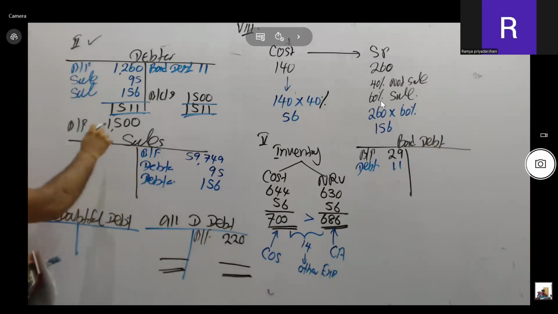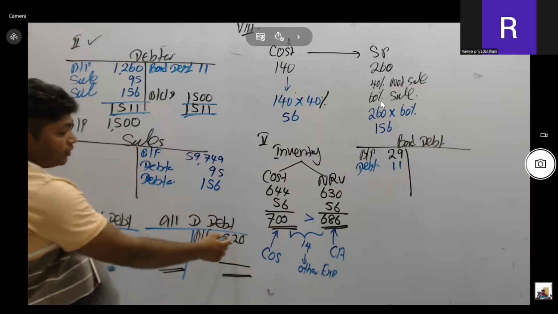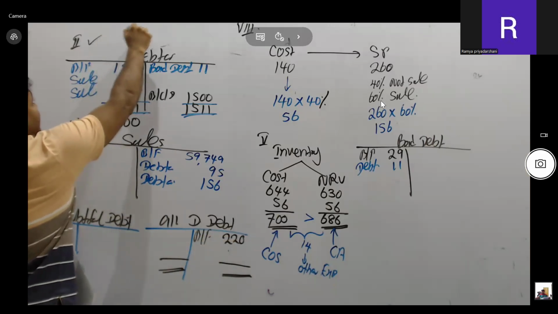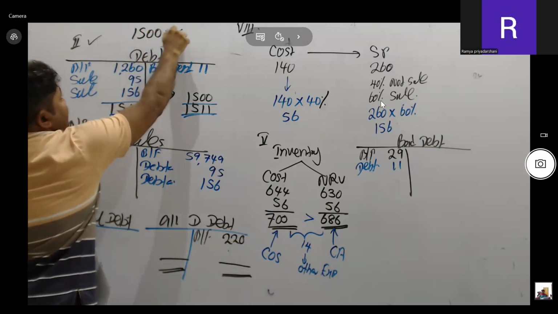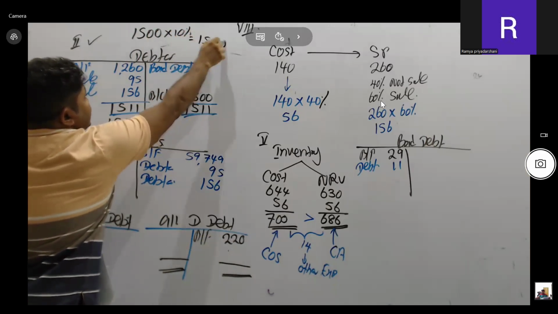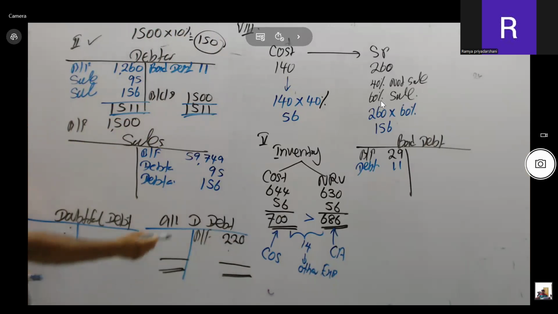You have to recognize under provision or over provision. Think, opening balance equal 220. Normal double entry: doubtful debts expense account debit, allowances for doubtful debts credit. But think, based on this value, 1,500 into 10% equal 150. Therefore, this is the doubtful debts. But opening balance equal 220.